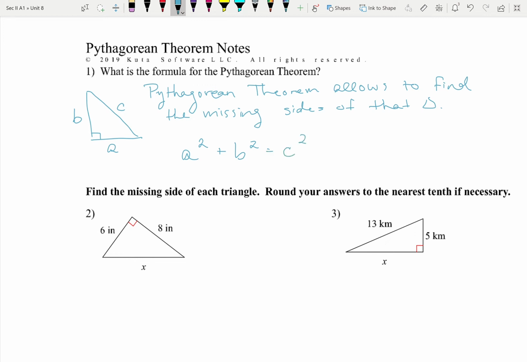And the positioning of the sides is actually very important. The a and b, not so much, but those need to be the shorter sides. C has to be the hypotenuse, or the longer side, or the one across from the 90-degree angle.